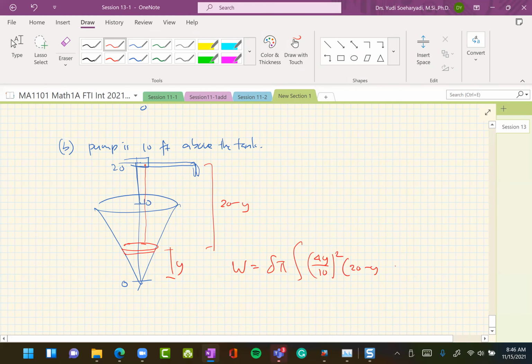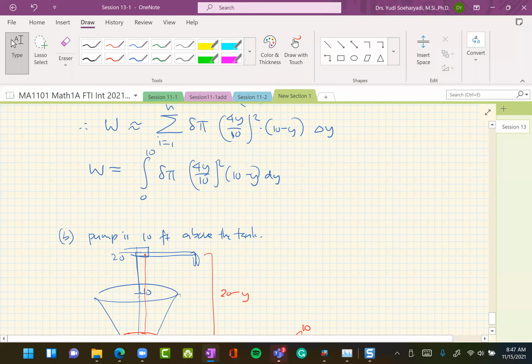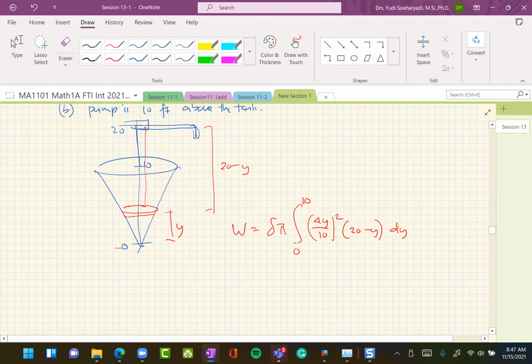What's the bound for the integration? That's from y equals 0 to y equals 10. So everything's the same as this, except for the position of the pump. Okay, questions?